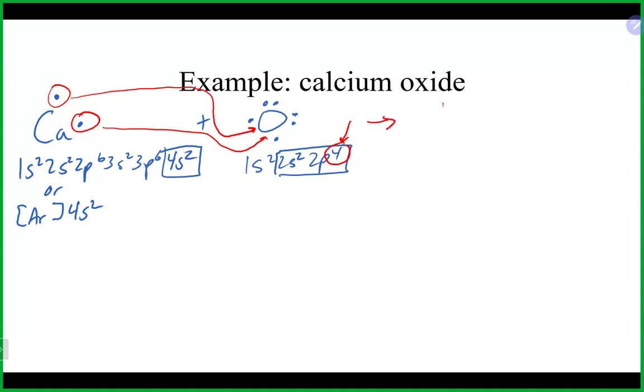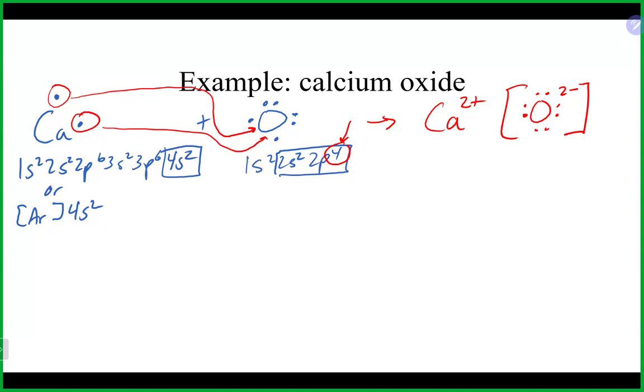The result of that is calcium will now become a +2 charge as it's able to lose both of its electrons. The oxygen will gain those 2 electrons, and because it gains the 2 electrons, it will now become a -2 charge. Once again, what's holding that together is the positive-negative attraction between those ions. Once again, no sharing of electrons.